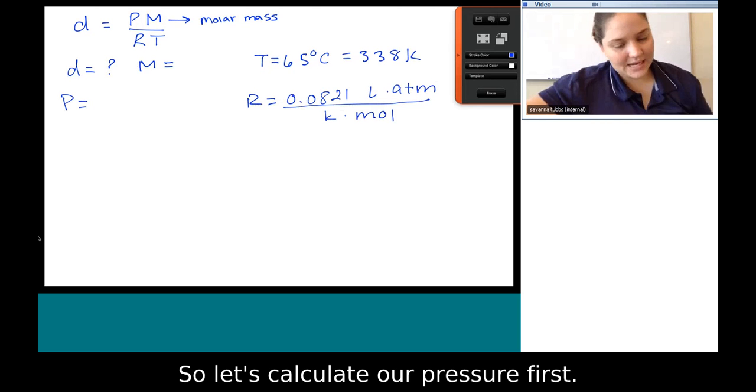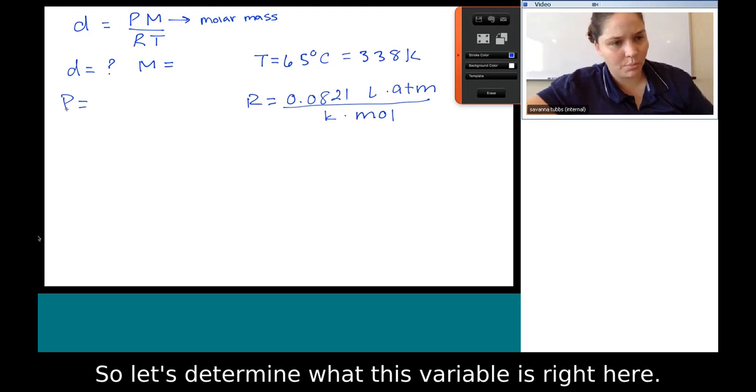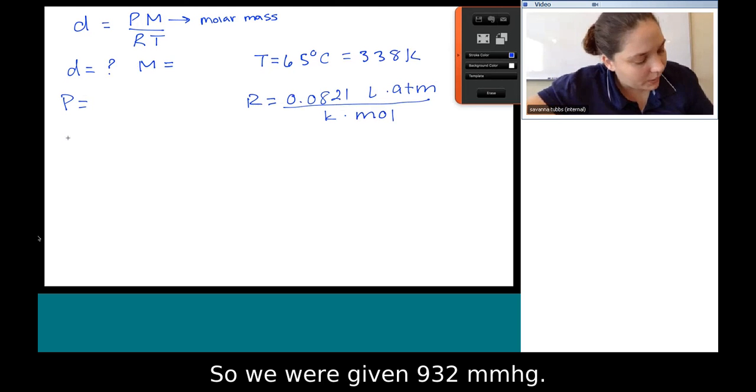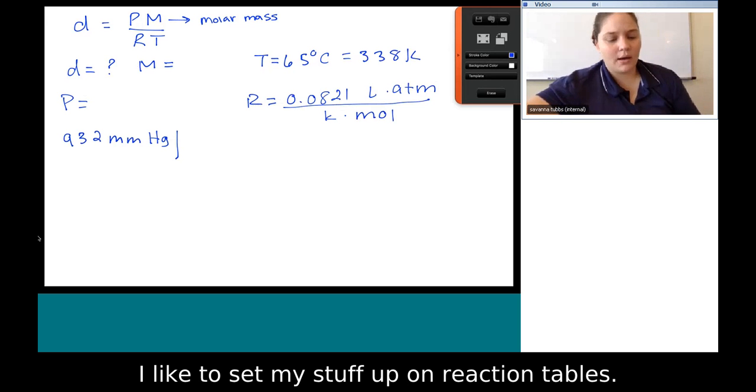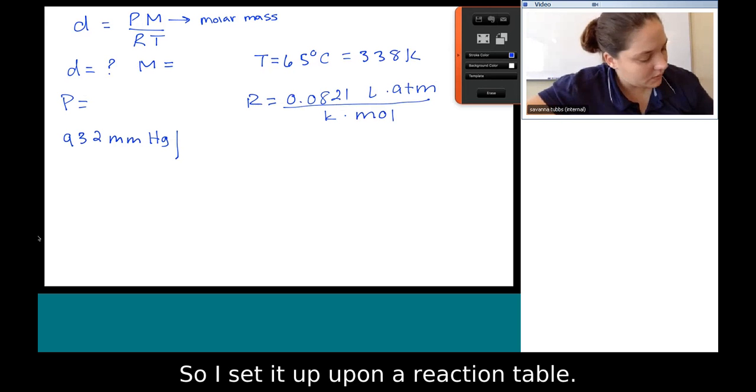So let's calculate our pressure first. So let's determine what this variable is right here. So we were given 932 mmHg. I like to set my stuff up on reaction tables. So I set it up on a reaction table.